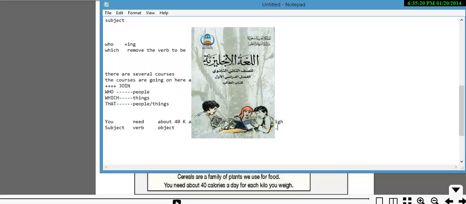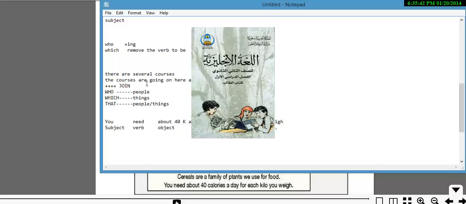So what is actually happening here is that you're trying to describe something that you're weighing, which is the kilograms, which is actually the entire object form here. So what you're describing here is more of an object in terms of meaning rather than the subject.